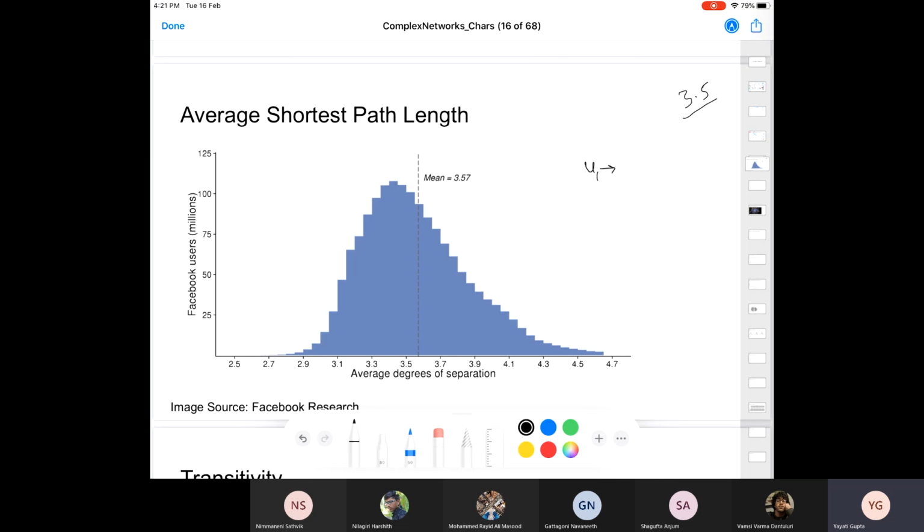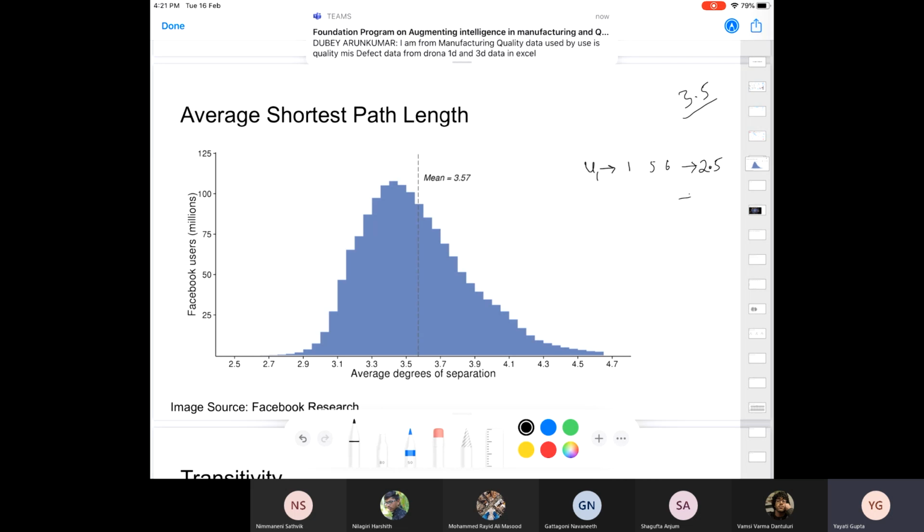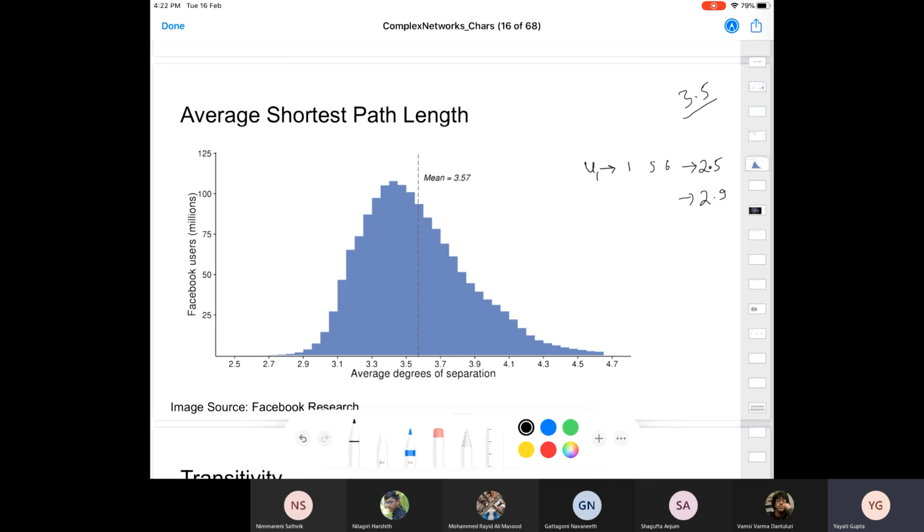Next, I'm going to look at the distance of this user from every other user on Facebook. From some users it will have a distance of 1, from some others it might have a distance of 5, 6, and so on. And you take the average of this. So maybe the average distance of this user from other users comes out to be 2.5. For some people it will come out to be 2.9.